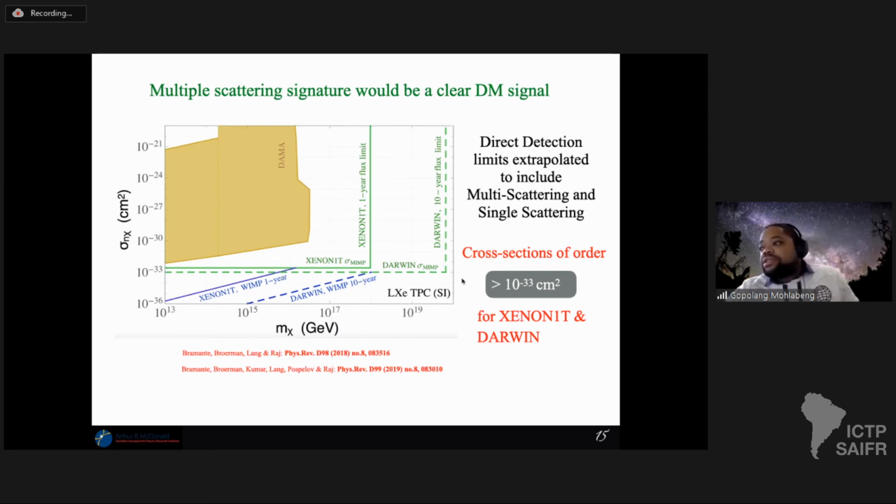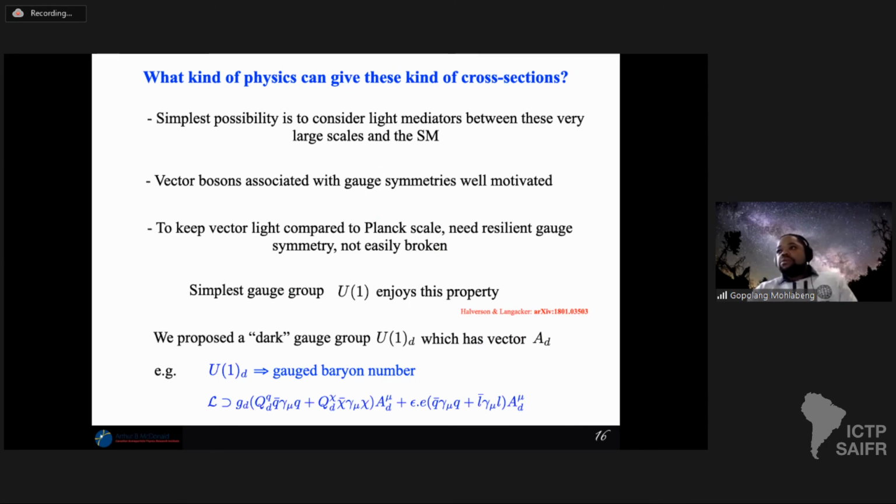If we look at this, these correspond to cross sections of roughly 10^-33 square centimeters. The flatness of these lines just corresponds to the flux and the optical depth that you expect from these large mass particles. And so Humanic and I sat down and asked what kind of physics can give us these kinds of cross sections.